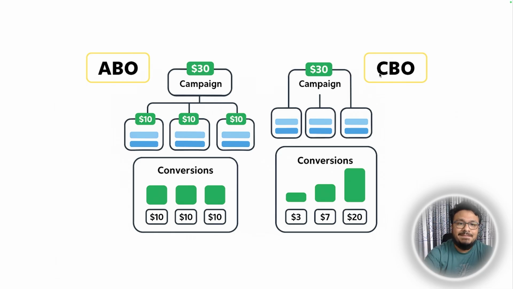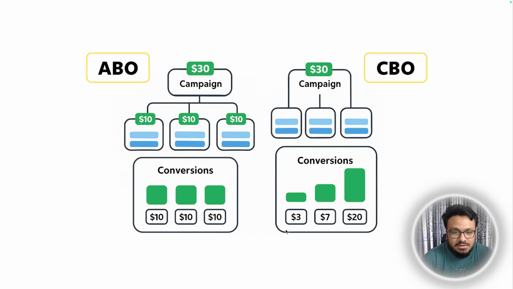If you define the budget on the campaign level, you give it $30 and basically tell Facebook, okay, here's $30, spend it however you like. Now, based on the health, the quality, and the audience of each ad set, Facebook will decide itself which one to spend more on, which ad set to spend less on, stuff like that.